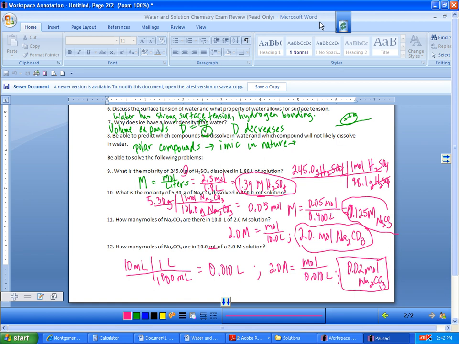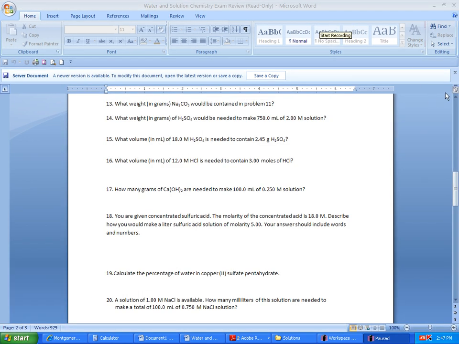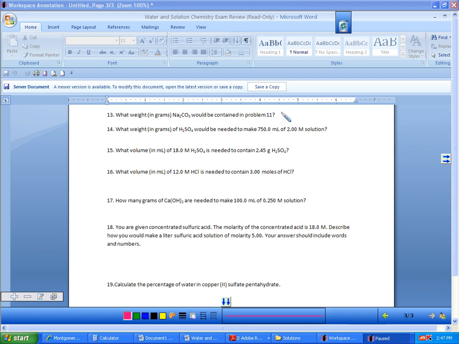I'm going to pause and move on down. Okay, the next question says, what weight in grams of Na2CO3 would be contained in problem 11? Well, if you go back to problem 11, we had 20 moles. 1 mole is 106 grams.